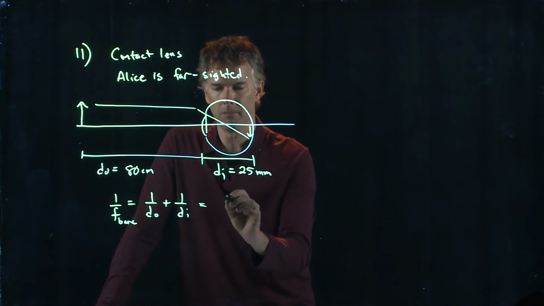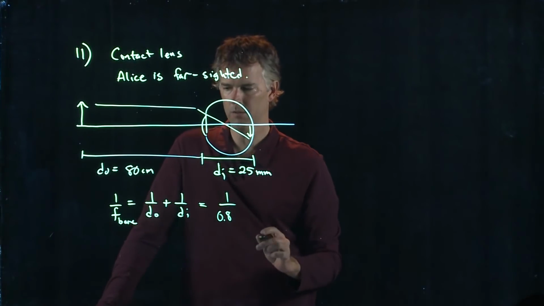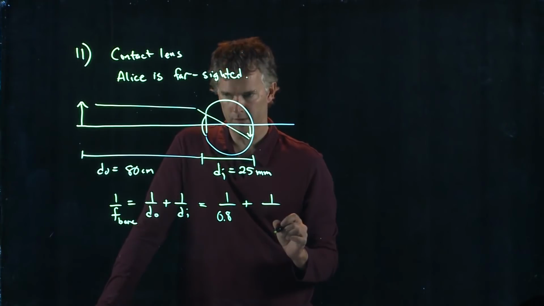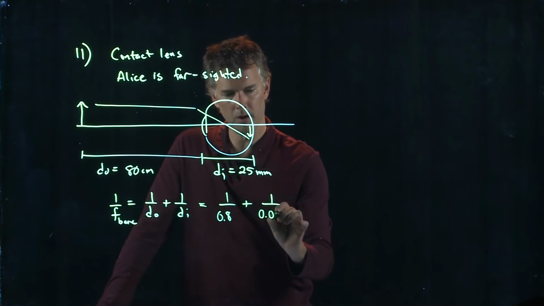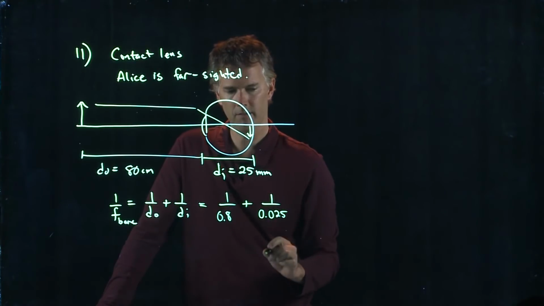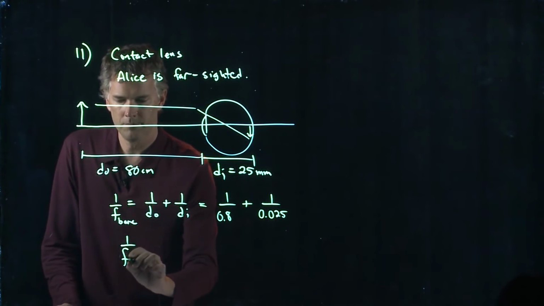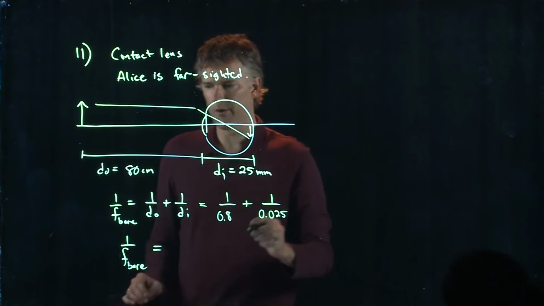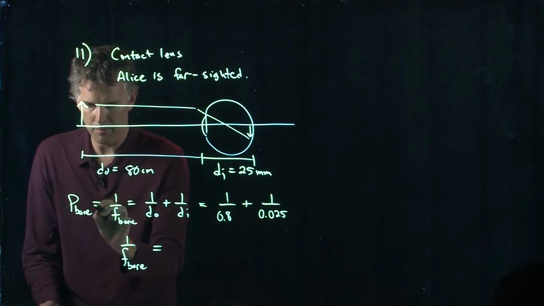DO is 80 centimeters, so that's 1 over 0.8 meters. DI is 25 millimeters, which is 0.025 meters. And if you calculate this, you are in fact calculating the power of the bare eyeball.